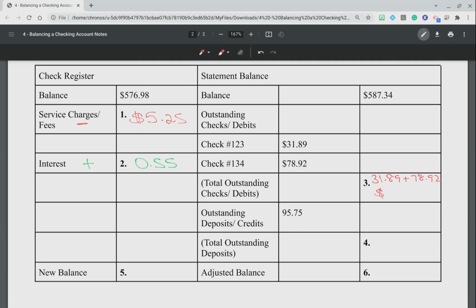So the total amount of checks spent is $110.81. My total deposits, well, I only had one, for $95.75.